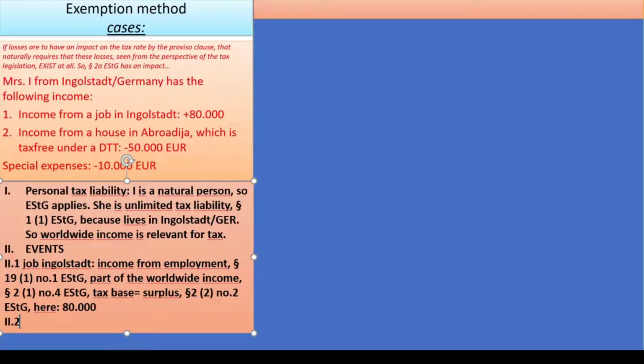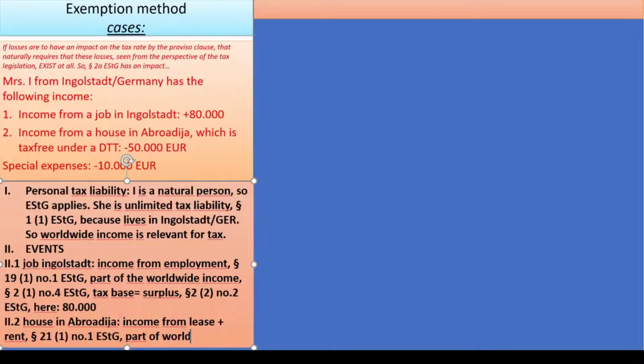Now 2.2, the house in Abrodia. That's income from lease and rent, paragraph 21(1) number 1 ESTG.